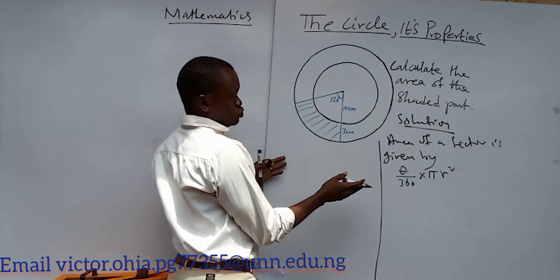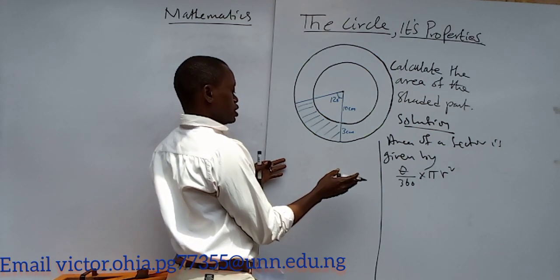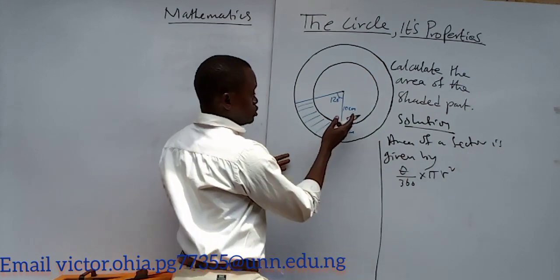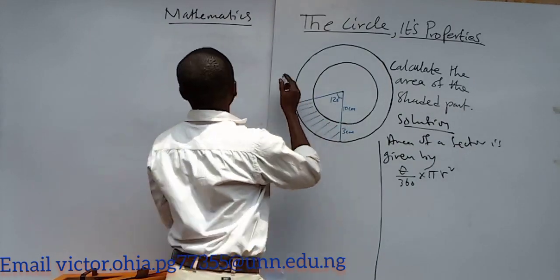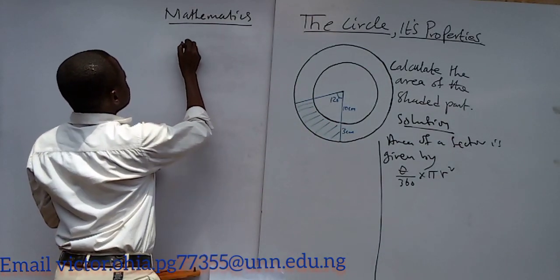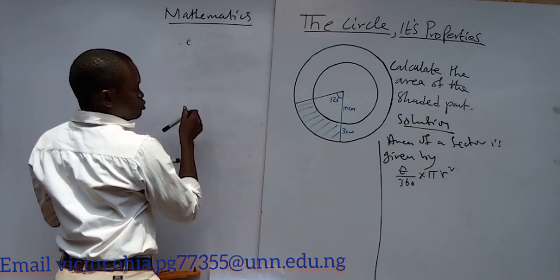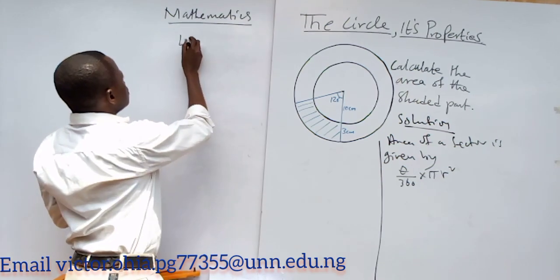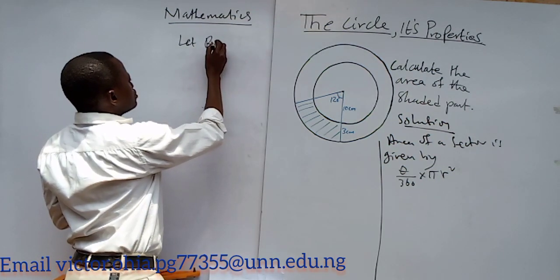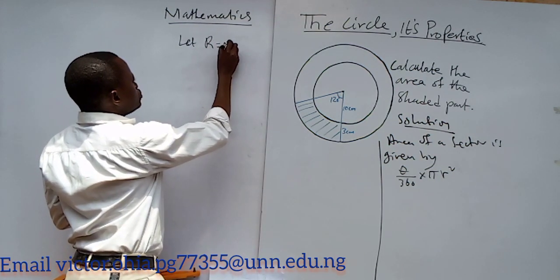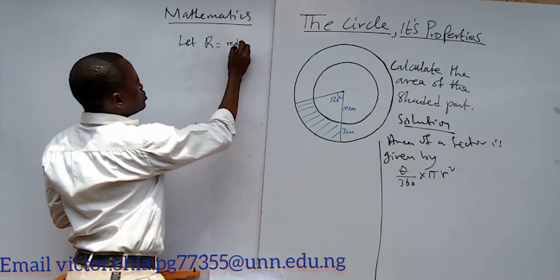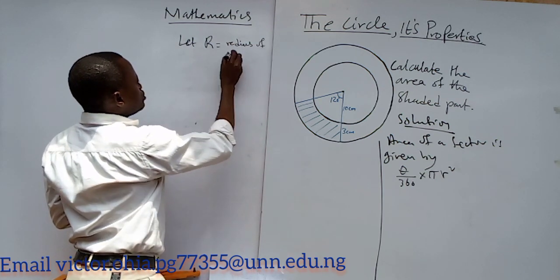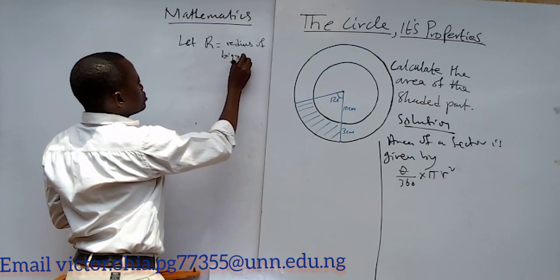Now, I have two ways to go about this. Since the formula works for both, I can say let capital R be the radius of the bigger circle.